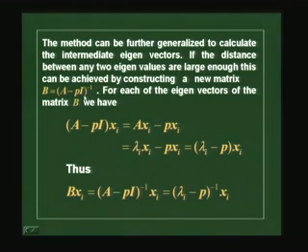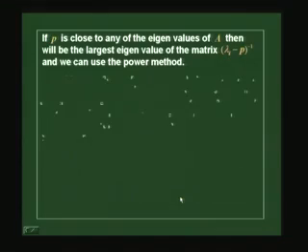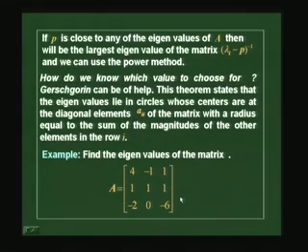Then the largest eigenvalue of B would be (lambda i minus p) inverse, where lambda i is the eigenvalue of the A matrix. The only disadvantage is that we need to have an idea about where the eigenvalues are. But there are some ways of guessing what the eigenvalues are.